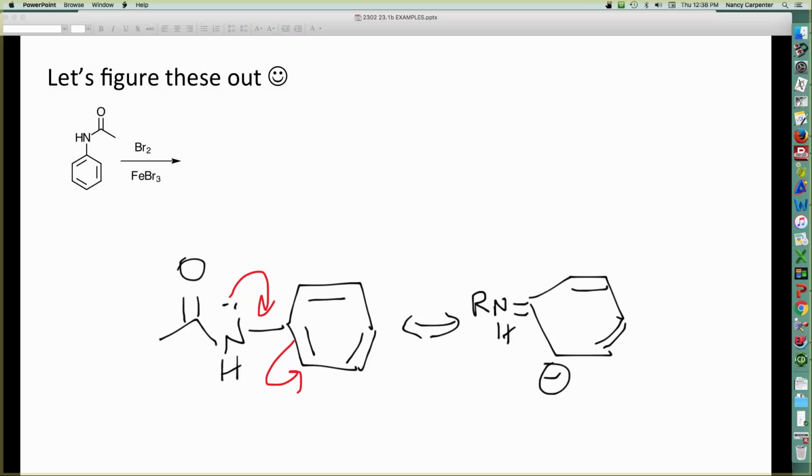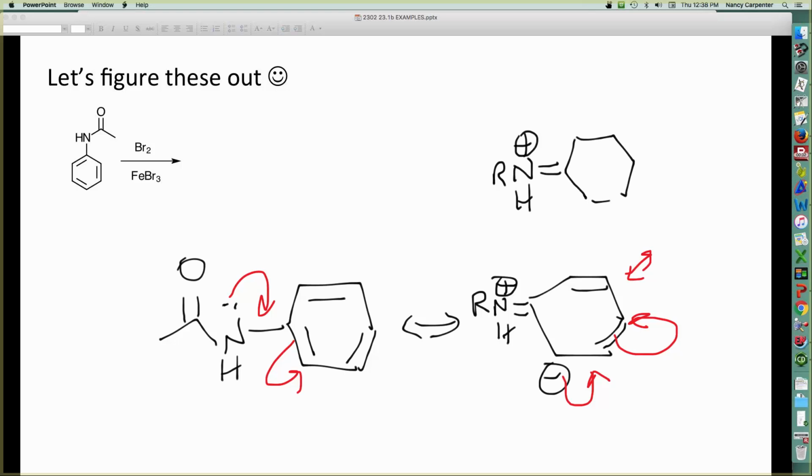I can certainly show the next one. Oh, and I don't forget my positive charge here. But all right, showing the next resonance contributor, boom. That gives me this guy. And then the third resonance contributor pops the negative charge right there.